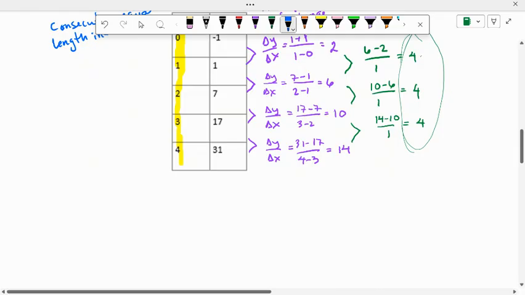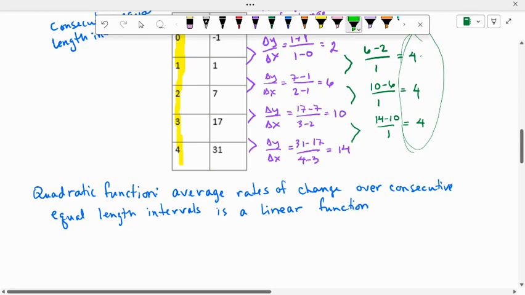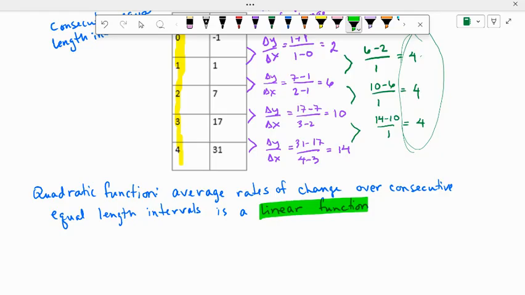So, again, AP language for a quadratic function: the average rates of change over consecutive equal length intervals is a linear function because the rates of change of my average rates of change are constant.